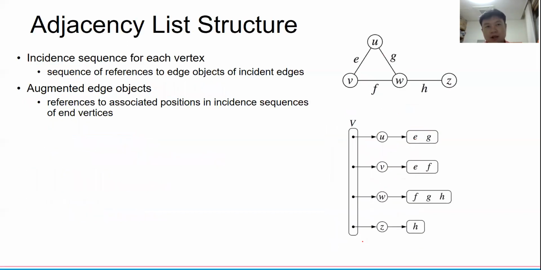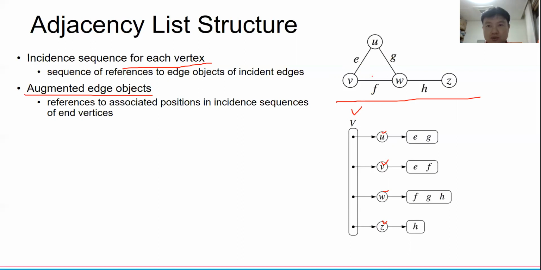We can make another kind of list structure using the adjacency list structure. In the adjacency list structure, we just use the vertices and augment them with the edge objects. Let's say we have the same graph, but we only have V, and we put U, V, W, and Z, which are the vertices, and for every vertex we put its incident edges.